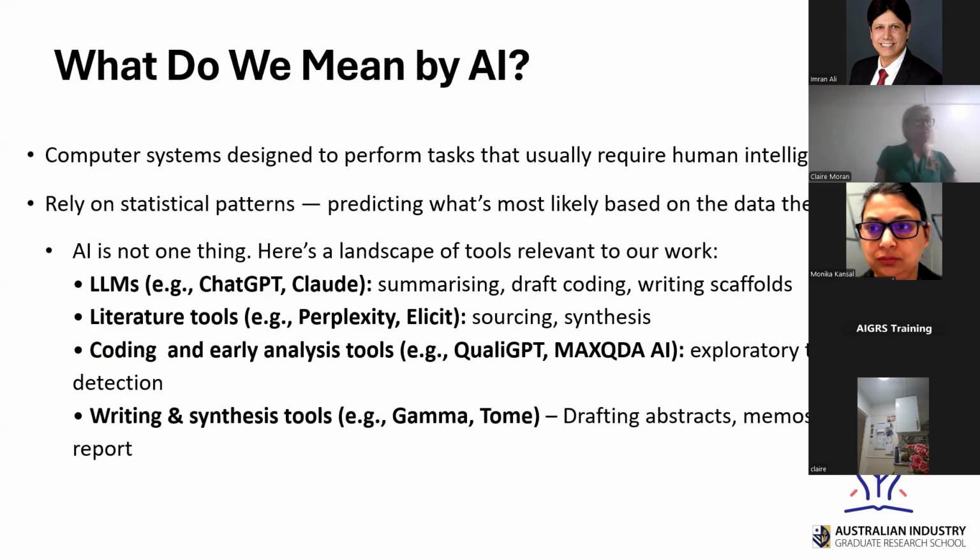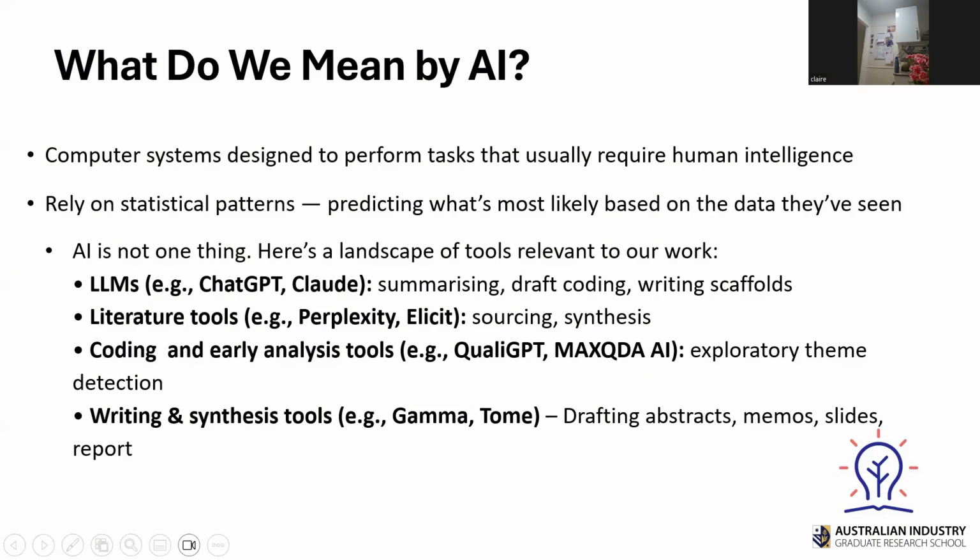I'm going to move on and have a look, first of all, at what we mean by AI. When we're talking about AI, often we're talking about large language models. AI has become a bit synonymous with particular tools, like, for example, ChatGPT.